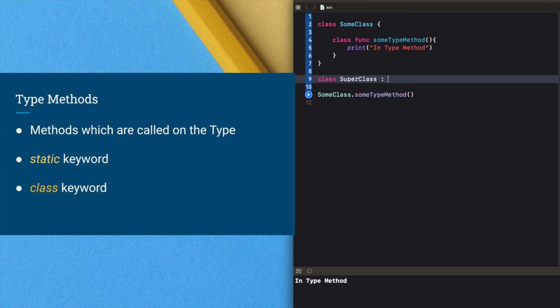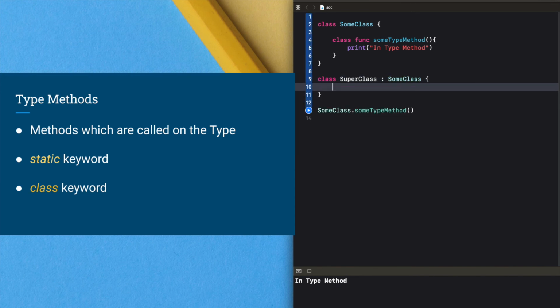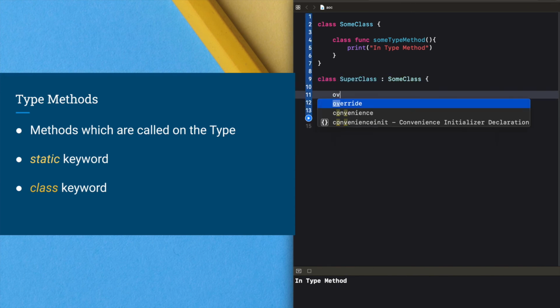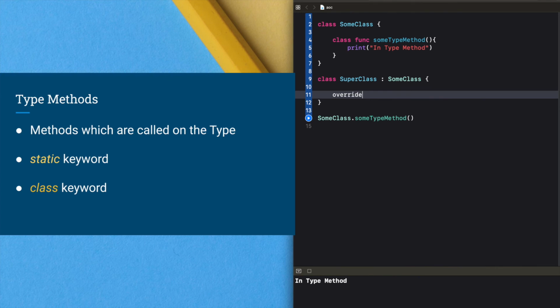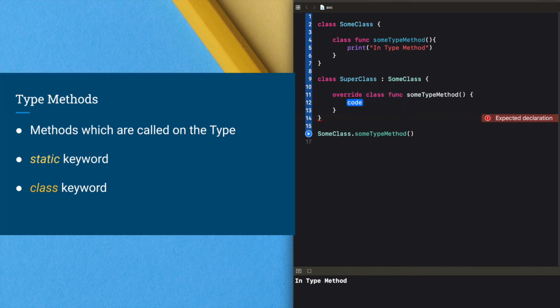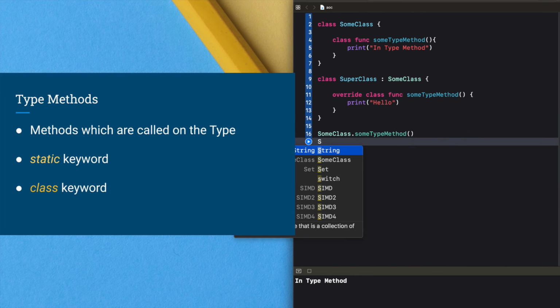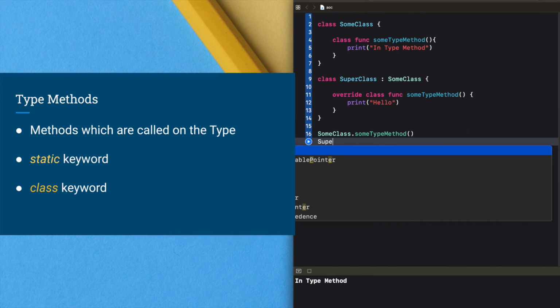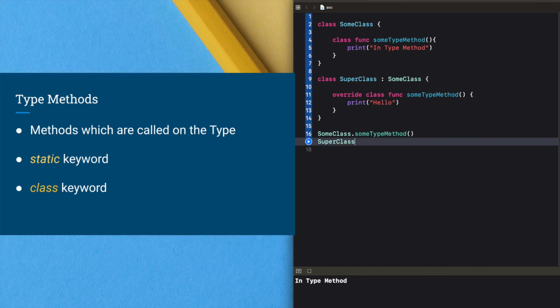The class extends some class and overrides that function. Some type method. Okay. And hello. So I'm calling superclass.someMethod. It will be hello.